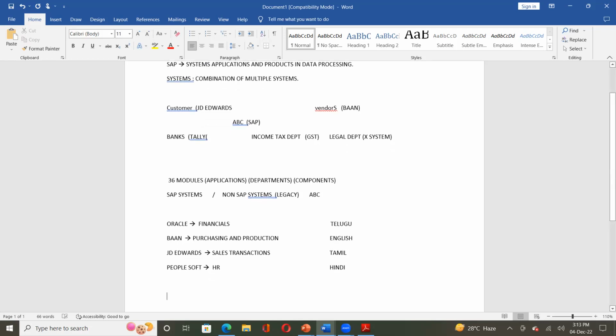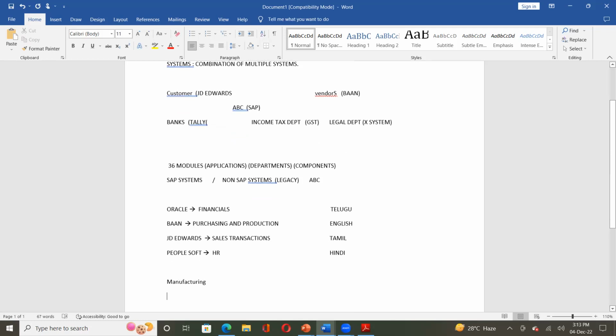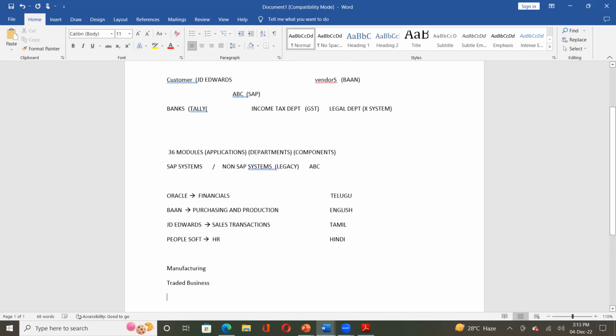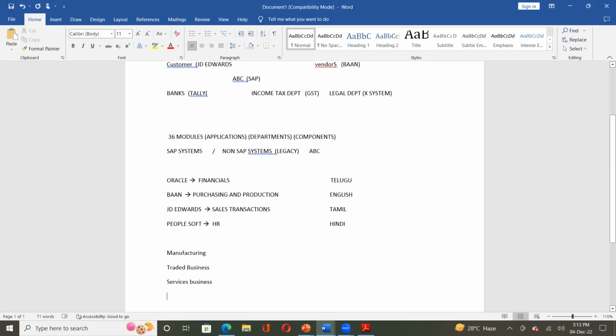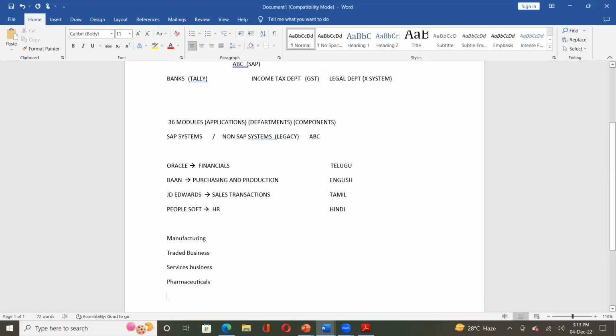So if you take manufacturing businesses, traded businesses, next one, service businesses. Like in traded, again, we will call it pharmaceutical. At the same time, real estate.